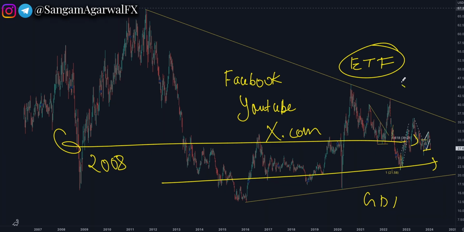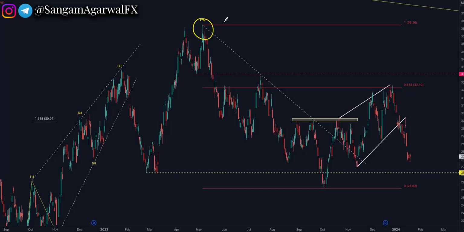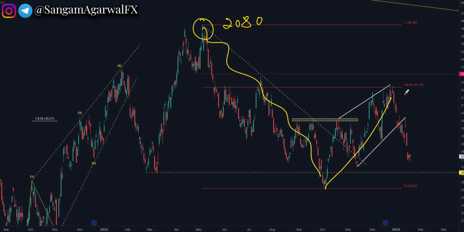Gold goes up, it made an all-time high of 2150, but GDX is sideways since 2008. Take this level when gold hit 2080 last year on the Fed rate pause sentiment. Since then it is down, and by the time it was flying, it made only a 61% correction.